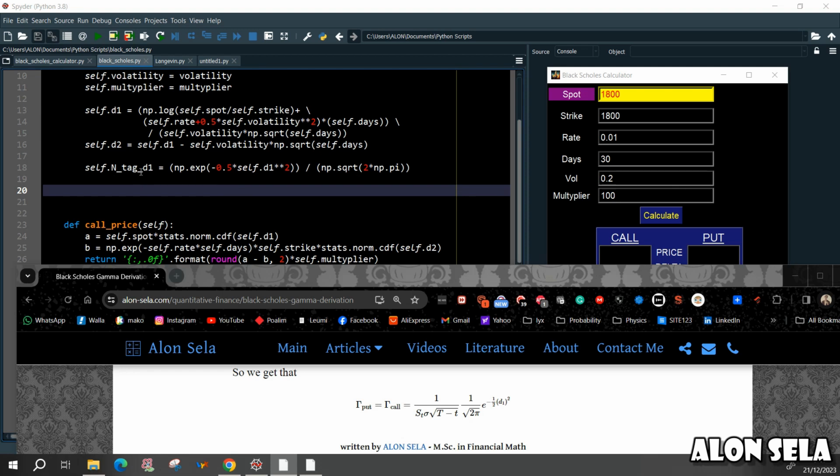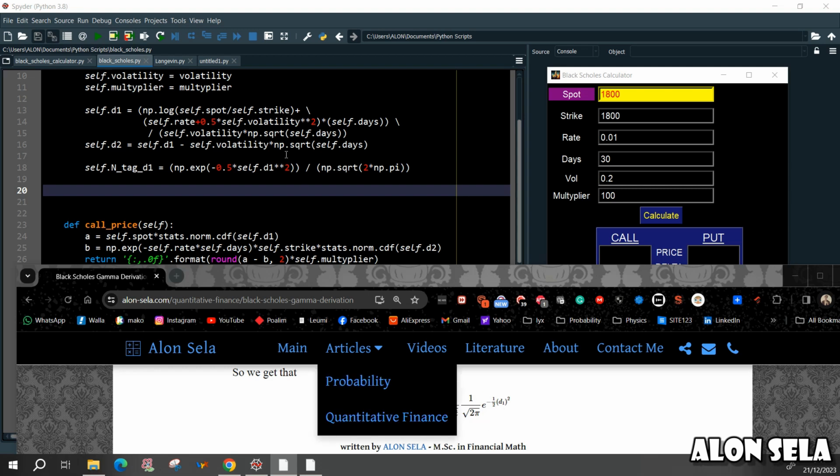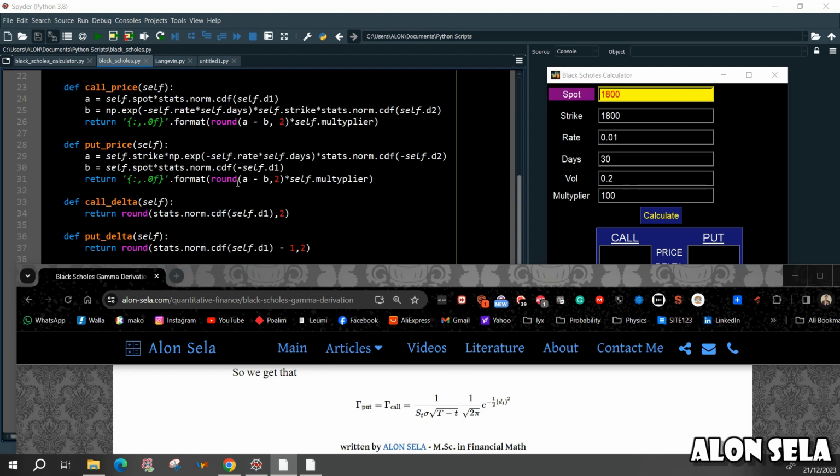We have e to the minus half d1 square, and we need to divide it by the square root of 2 pi. So this is this expression, and for the gamma we did this expression, and now we need to multiply it by this expression.